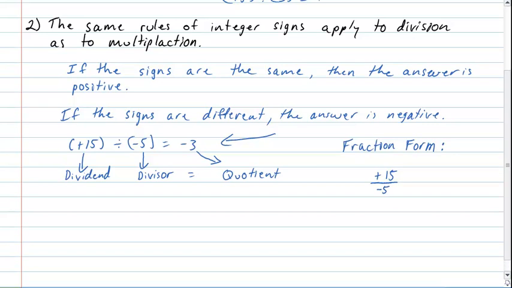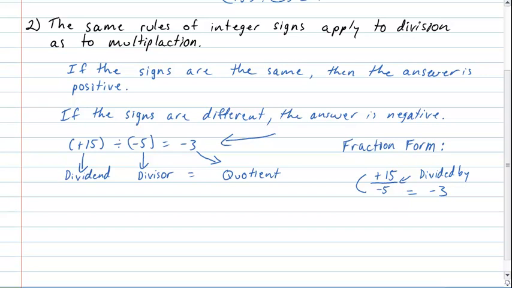That's the same as saying positive 15 divided by, this line means divided by, negative 5. And what you notice is that we don't have to have brackets. Brackets around the fraction form aren't necessary because they're separated already by the fraction bar. And the answer to this is going to be the same, -3.